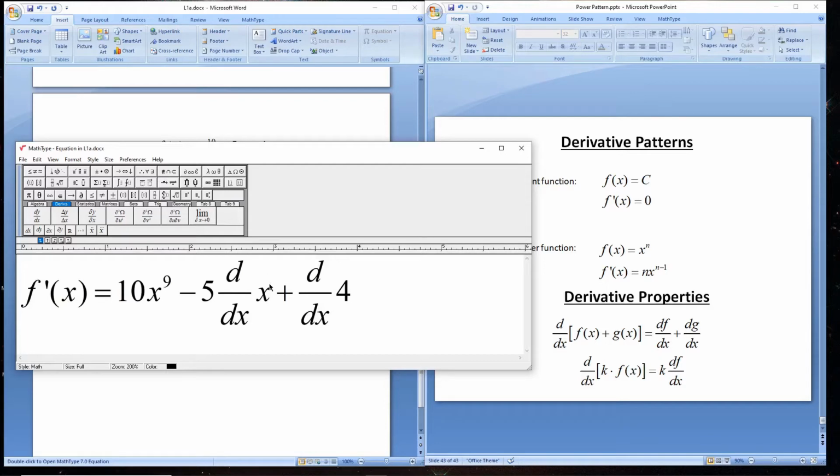Well, the exponent here is 1. So if we go to our derivative pattern, n is 1, so we would have 1 times x raised to the 0, and x to the 0 is 1. And the derivative of x is 1.